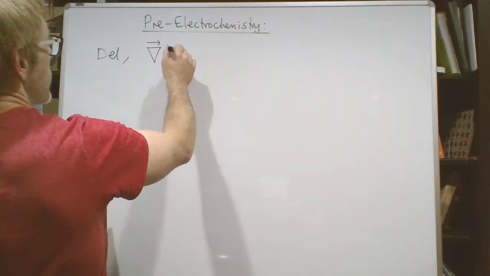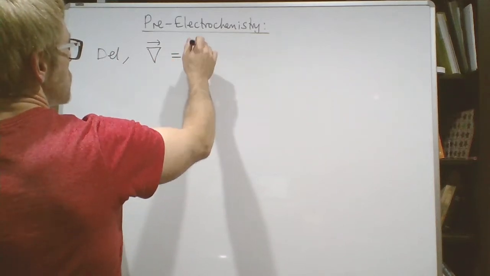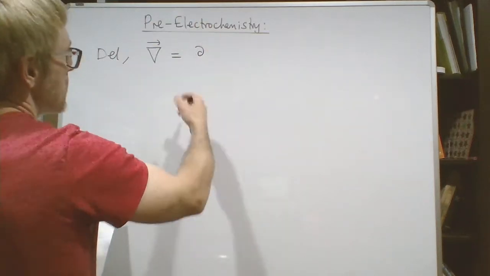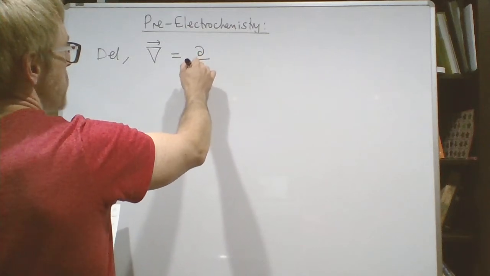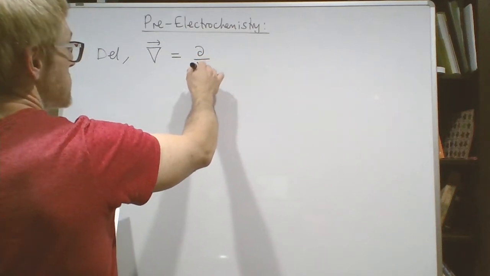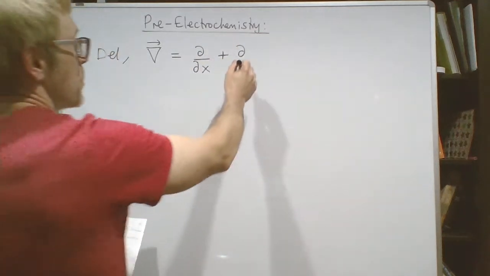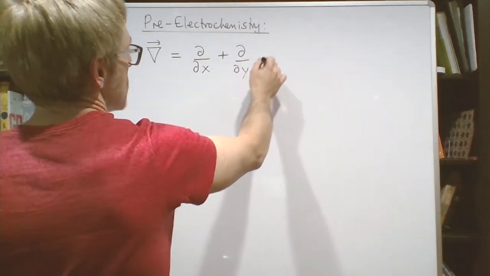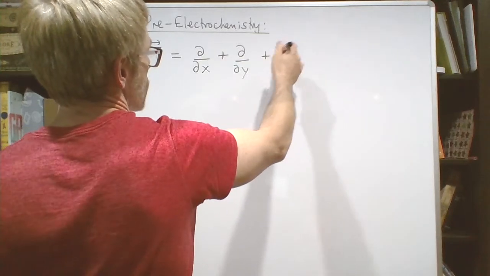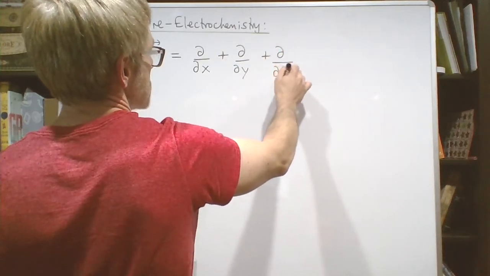So del of something is the partial change with respect to the x-axis plus the partial change in that variable with respect to the y-axis, plus the partial change in whatever variable with respect to the z-axis.